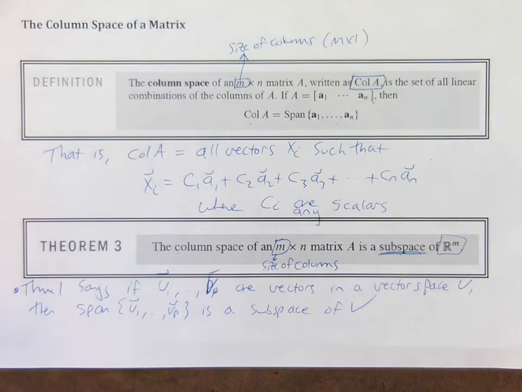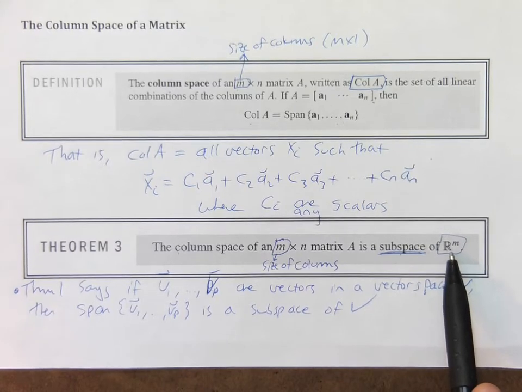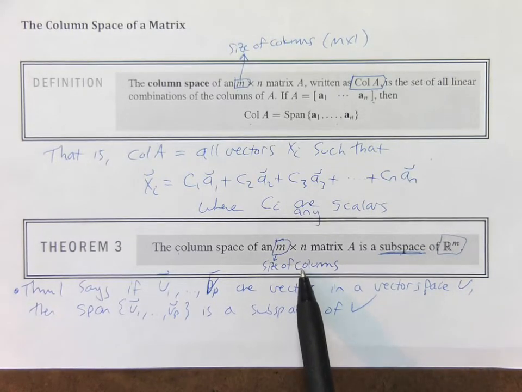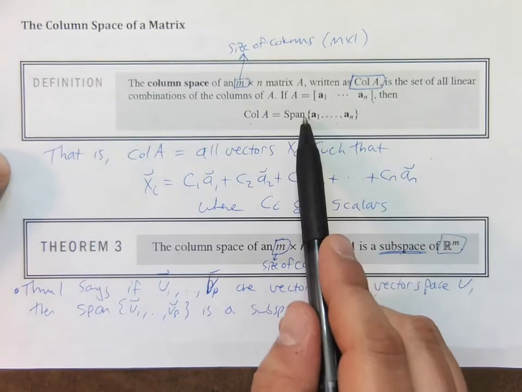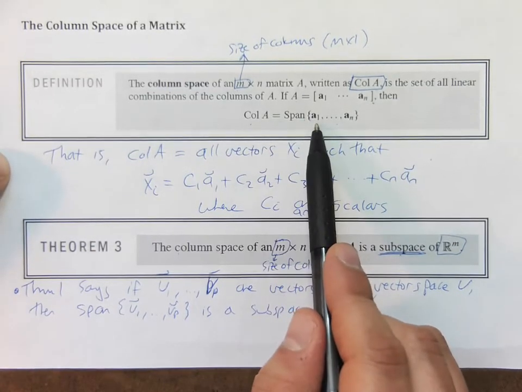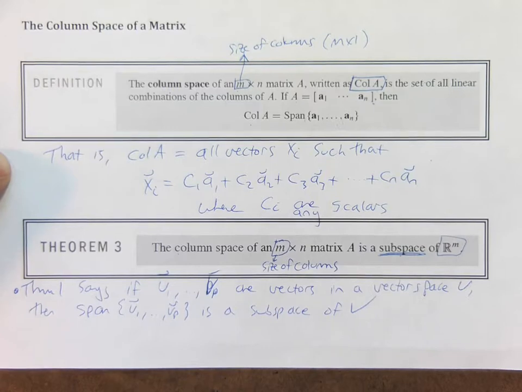And so that's exactly what we have here. We have vectors in Rm. Rm is a vector space, and the columns are in that vector space. And so we've got a bunch of columns, and the column space is just the span of those things. It's literally an application of exactly what's being said there.